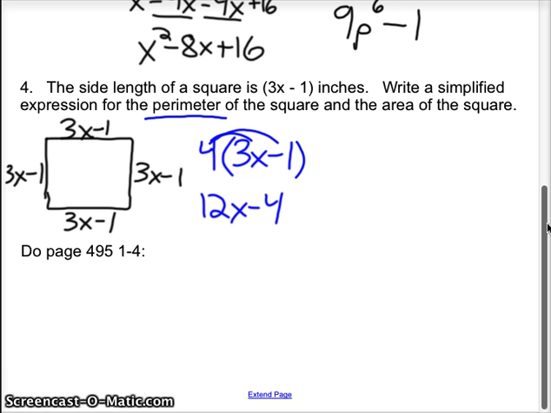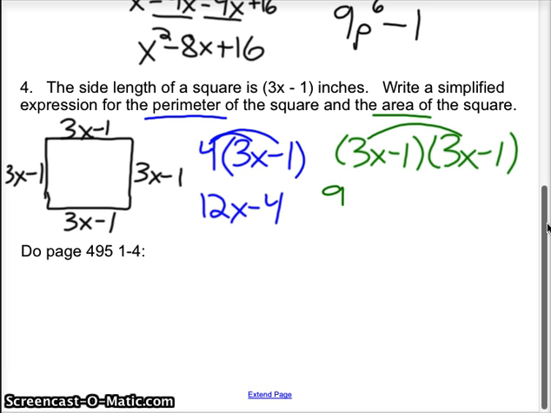Now let's think about area. Area I'm going to work on in green. Again, area for any rectangular square, length times width. Well, here the length, 3x minus 1, is the same as the width, also 3x minus 1. So, looking at this, to simplify the area, all I have to do is FOIL. First, 3x times 3x, 3 times 3 is 9, x times x is x squared.